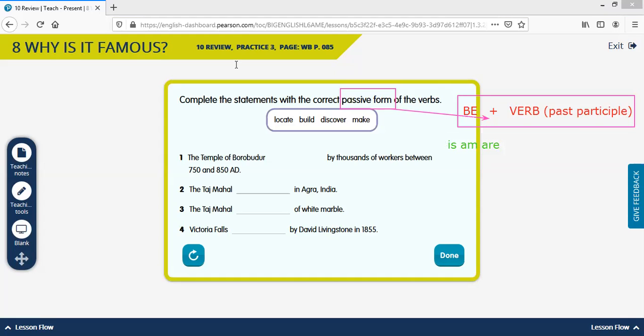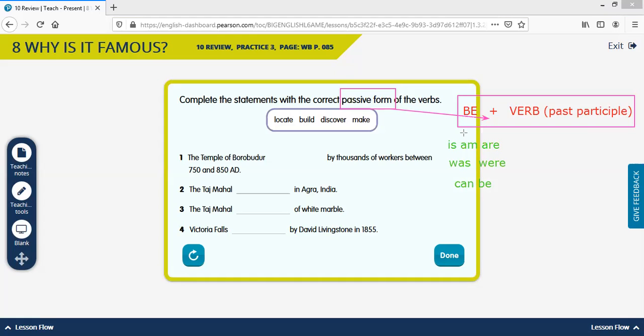If we have the tense in past, we're going to say was or were. Okay, if we're talking about the past. If you want to talk about the possibility, okay, you're going to use can be. All right, and then after these, you're going to use a verb in past participle.